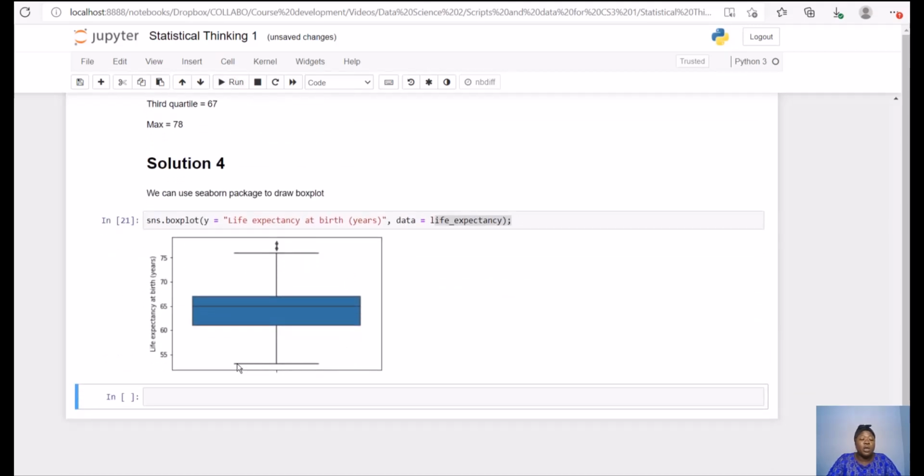From our box plot now, we could see the minimum whisker here and the maximum whisker here, and this is our middle value representing this line here. Then we have a bit of anomaly here, an outlier. We call them outliers. These are usually high values that do not fall within this range.